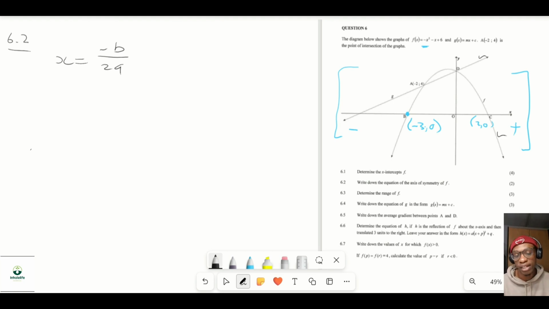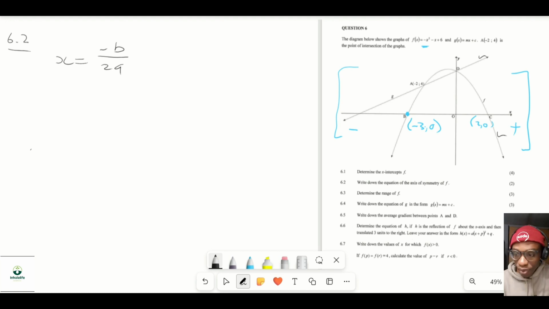I taught you that this equation helps you to find the x-value of the turning point, which is the vertical line, the axis of symmetry, of a quadratic function, right?